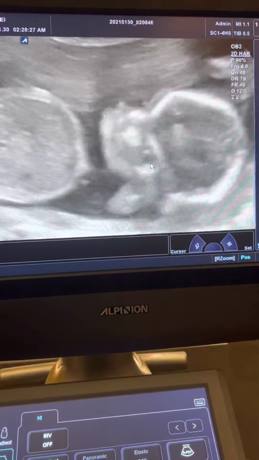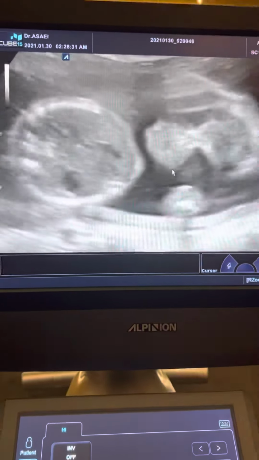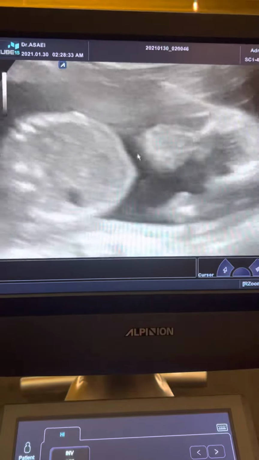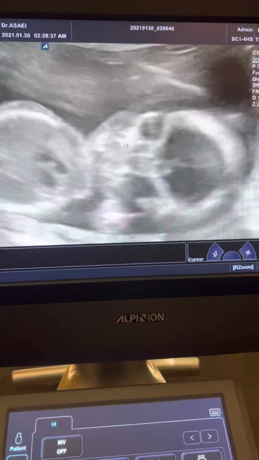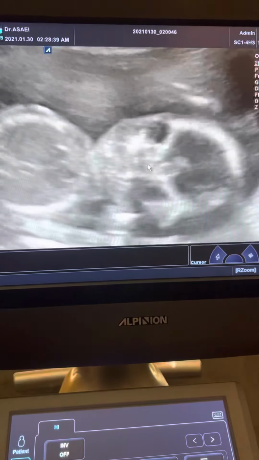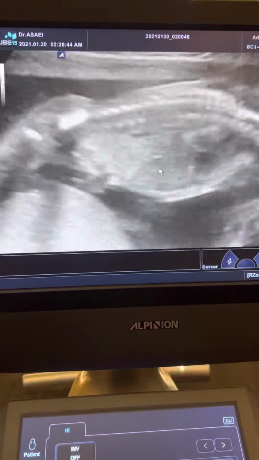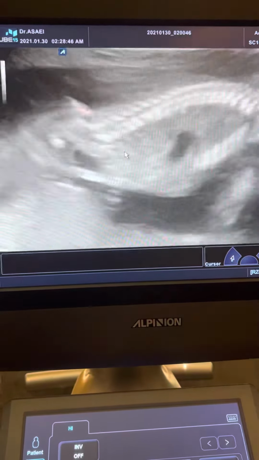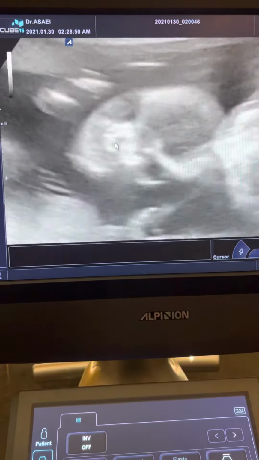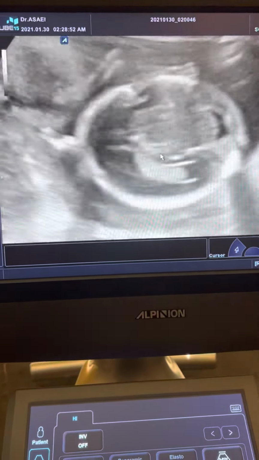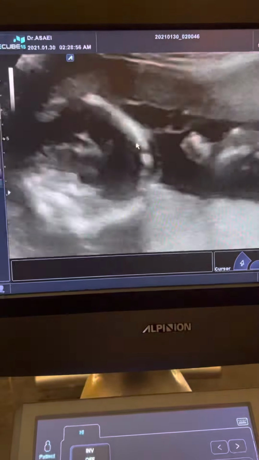See the eyes, here another eye, nasal bone, lips, upper lip, lower lip, and also we can wait for fetus to change position for a profile view. Everything was okay. Membrane, you can see this was the fetus C, fetus B, and fetus A.